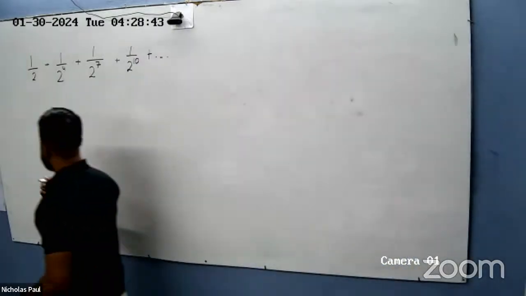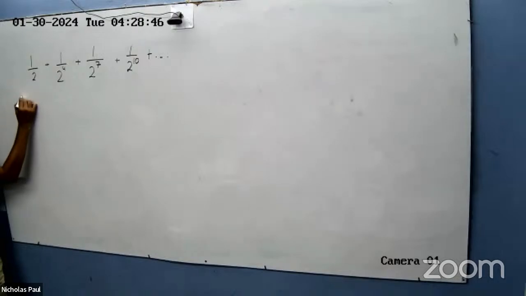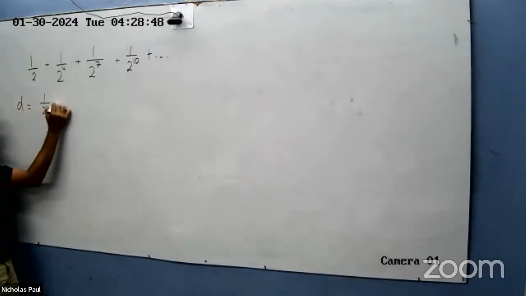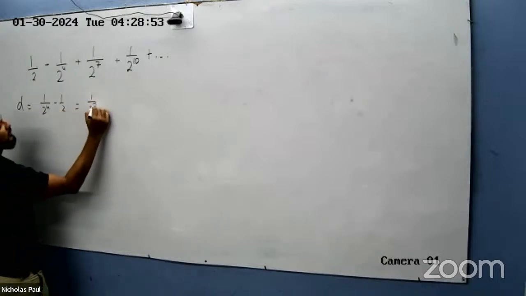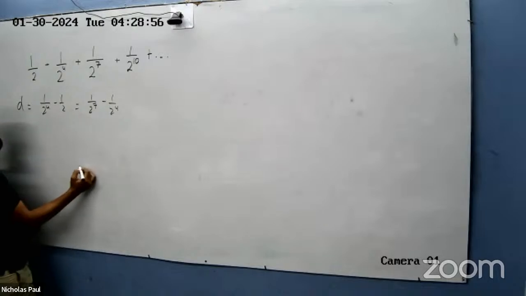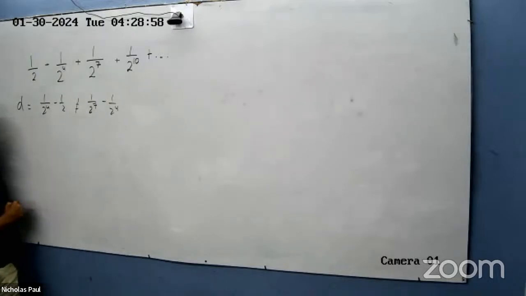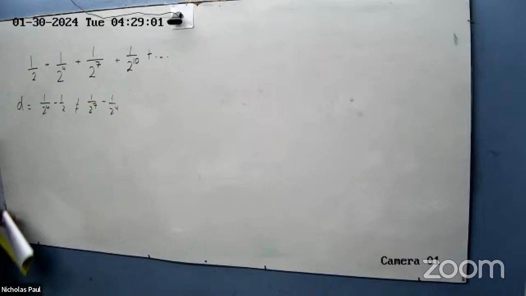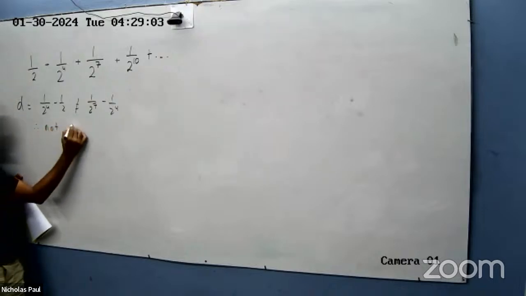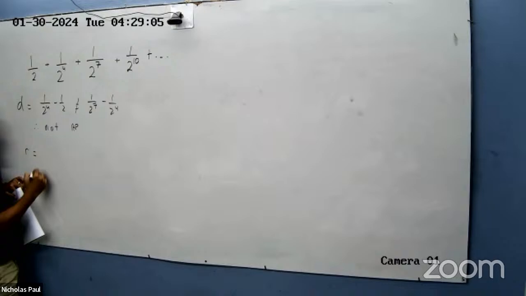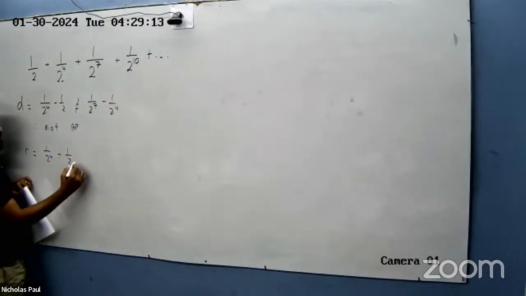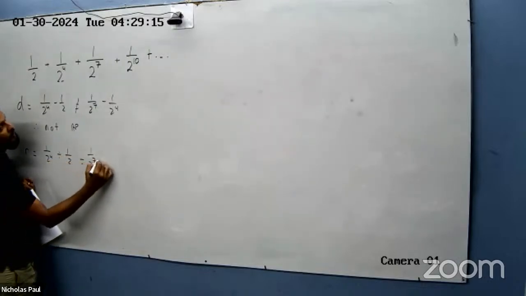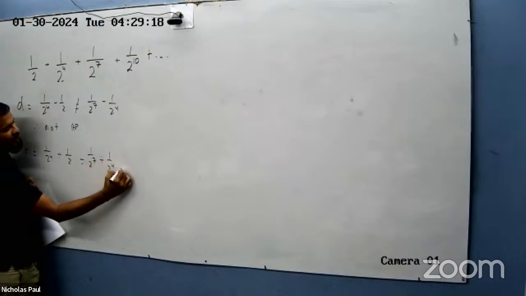Okay, so let's see. I am going to check for D first. 1/2 to the 4 minus 1/2, and then I'll check 1/2 to the 7 minus 1/2 to the 4. When you work this out, they are not the same, correct? They are not the same. Therefore, not an AP. So let's check R. Divide these two now. 1/2 to the 4th divided by 1/2, and then 1/2 to the 7 divided by 1/2 to the 4th.